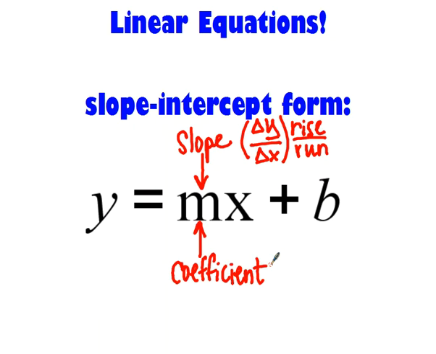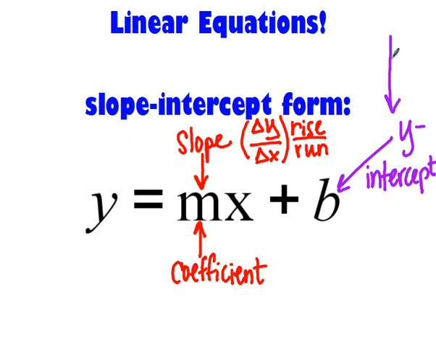So that being said, we can come over here, and b is our y-intercept. That's basically the point where your linear equation, your line, crosses the y-axis. Right here on this particular graph would be where it intercepts or crosses the y-axis.